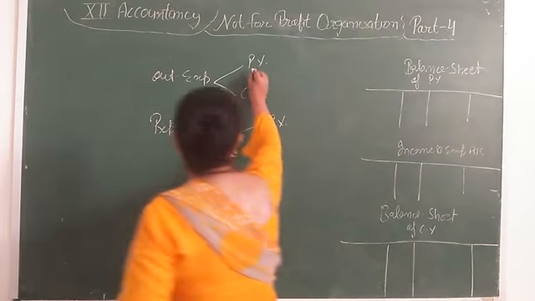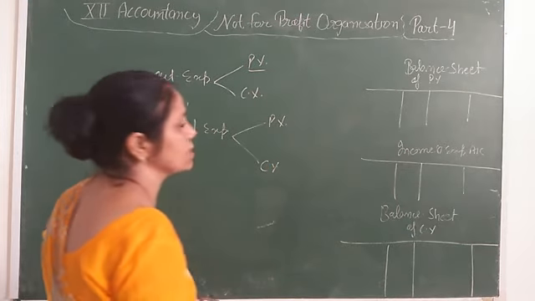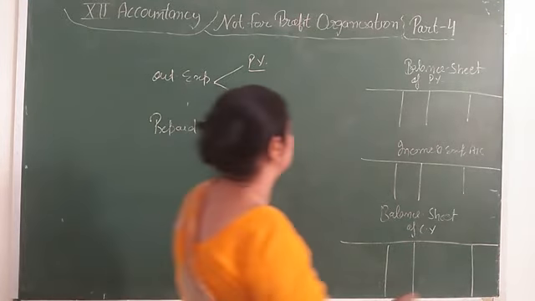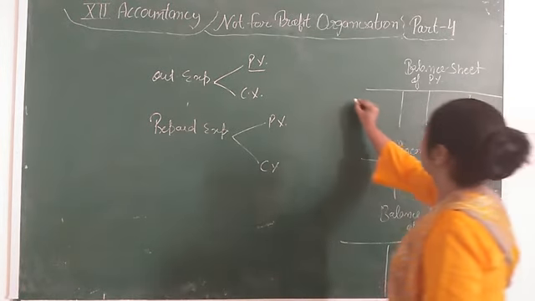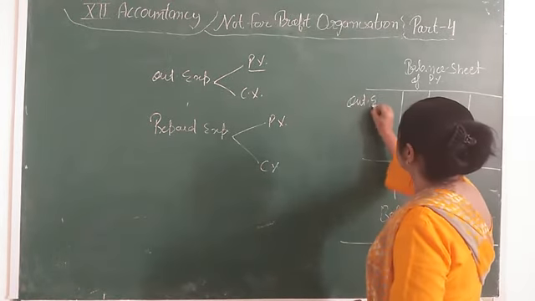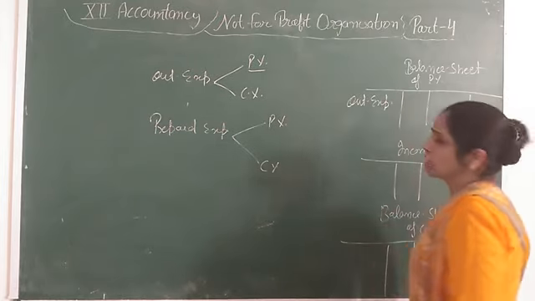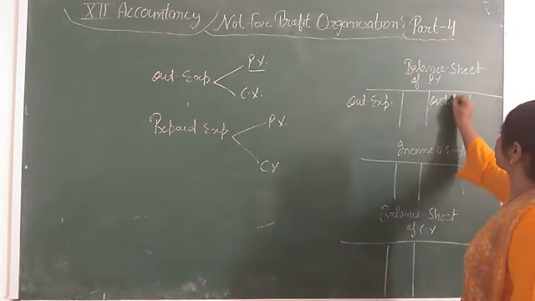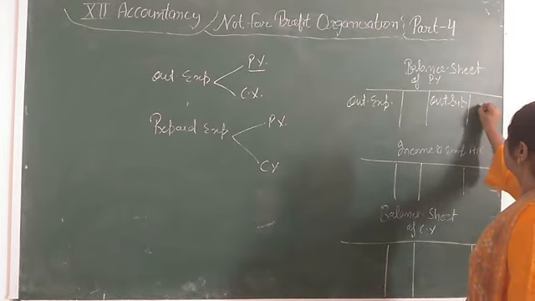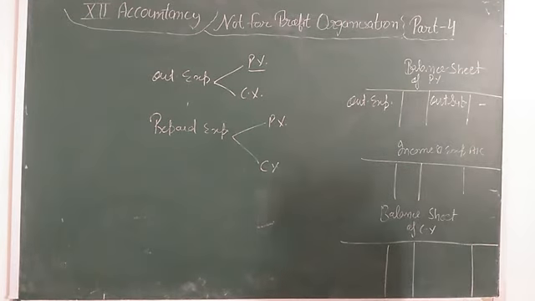Then what we will do is that the outstanding expense of the previous year, we will write in the previous year balance sheet on the liability side. Outstanding expense is a liability, and outstanding subscription is our asset, so this we will write on the asset side.